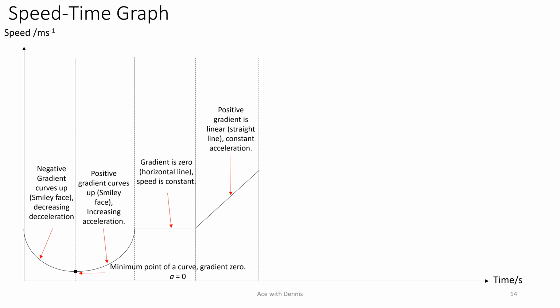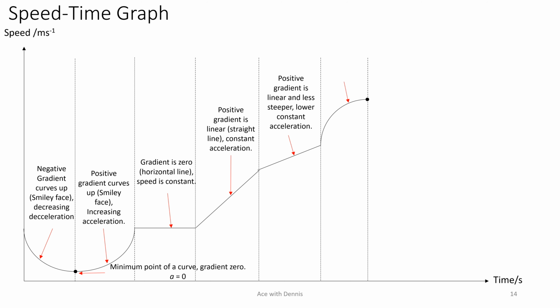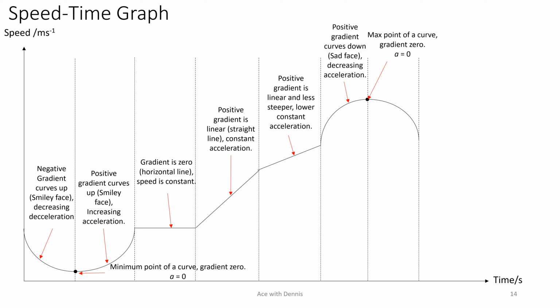This is a positive gradient that is linear or a straight line, which means constant acceleration. For this case, the line is less steep and it is a positive gradient. It means it is lower constant acceleration. So a positive gradient that curves down, or a sad face, means it is decreasing acceleration. This is the maximum point of a curve. The gradient is zero.